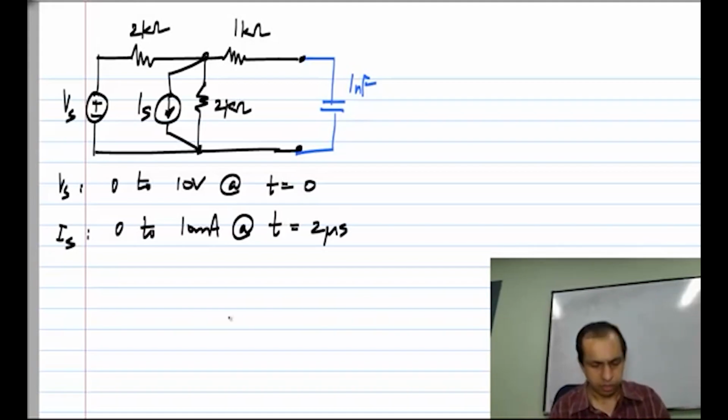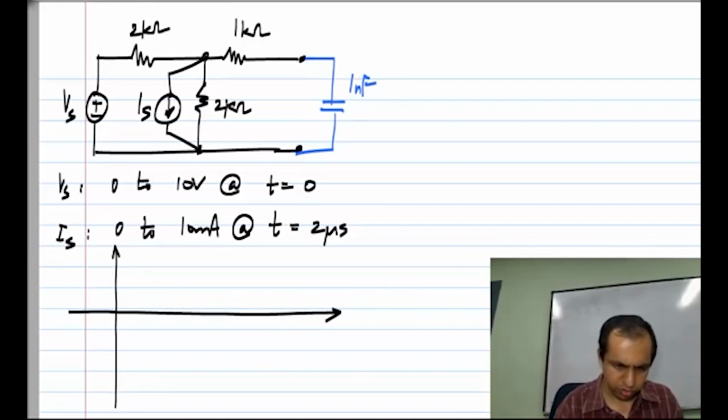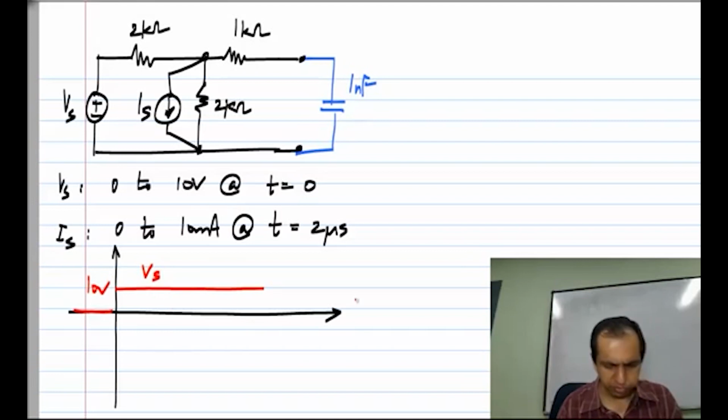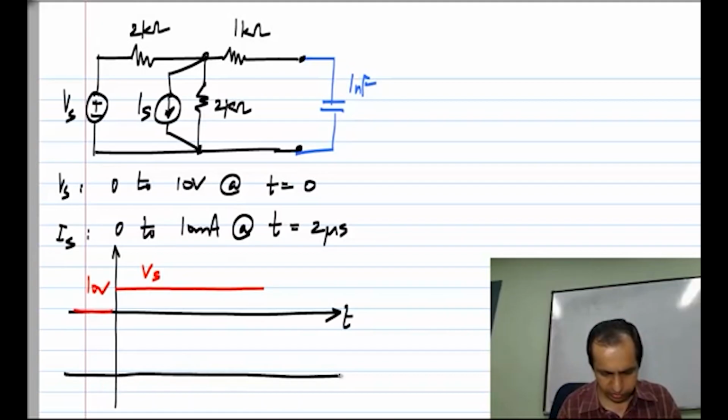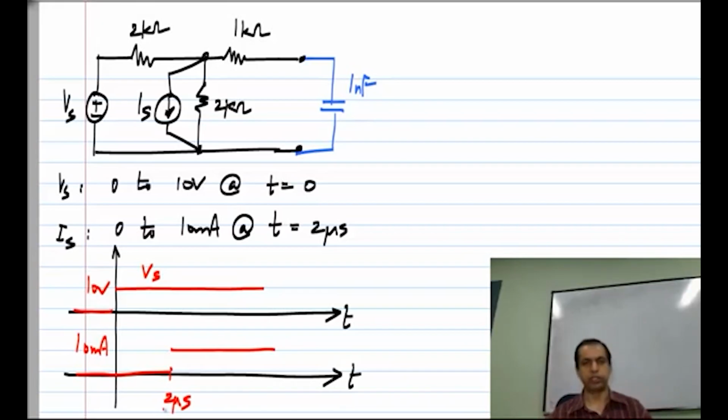Okay. So if I had to sketch these, this would be Vs. The x-axis is of course time, and the y-axis is either voltage or current, and Is would go from 0 to 10 milliamp at t equals 2 microseconds.